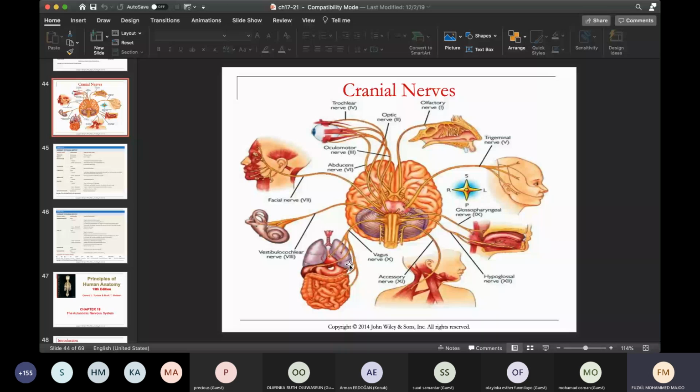Vagus nerve, first of all, it's a mixed nerve, meaning that it has both parts for sensory input as well as motor output. The sensory part plays a role in some taste perception, usually in the epiglottis.